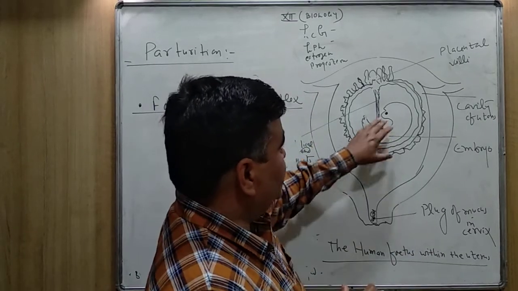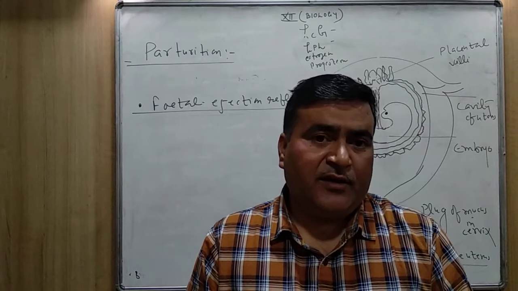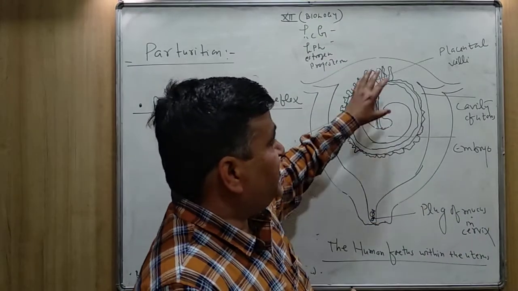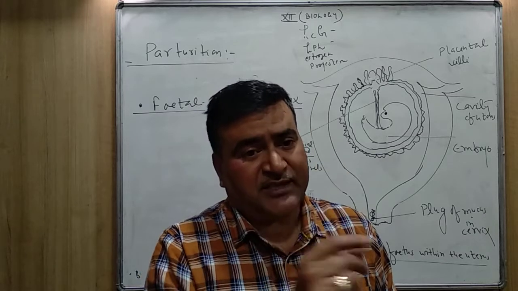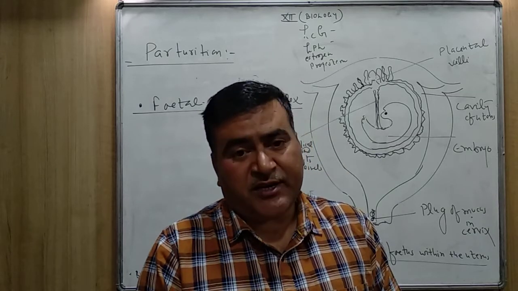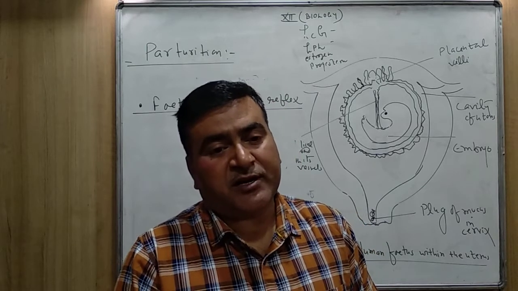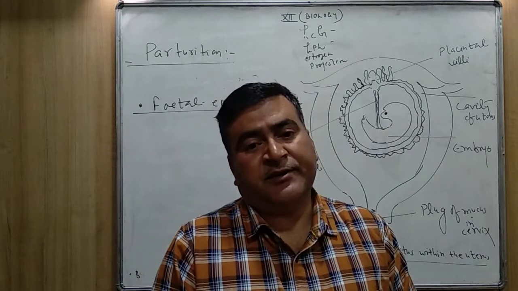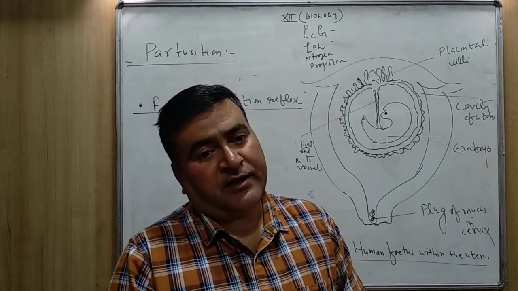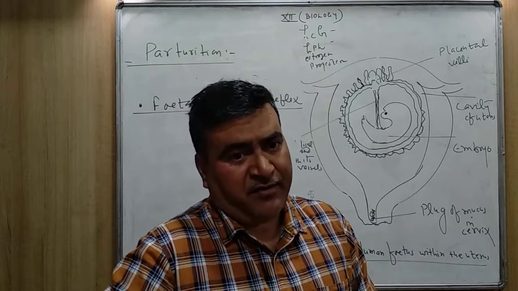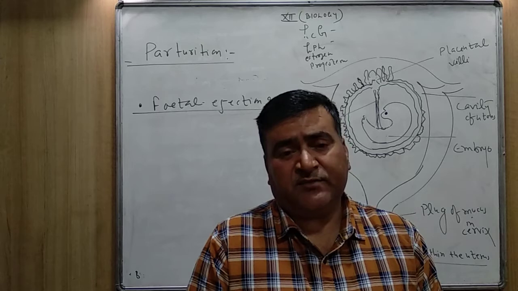When the fetus, as I told you, becomes fully matured, the fetus as well as the placenta both send a signal, a message, to the pituitary gland, and then the posterior part of the pituitary secretes oxytocin hormone, which brings a very rapid muscular contraction, and then the process of childbirth takes place.